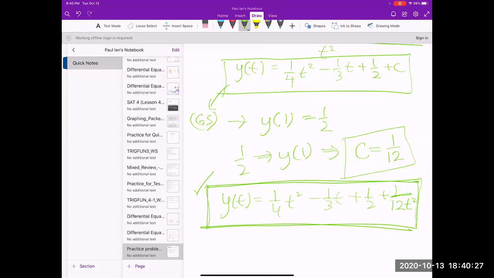The quotient rule is probably the one that people don't like. The reverse chain rule is just integration by parts, right? But the reverse product rule is the one that's used a lot.